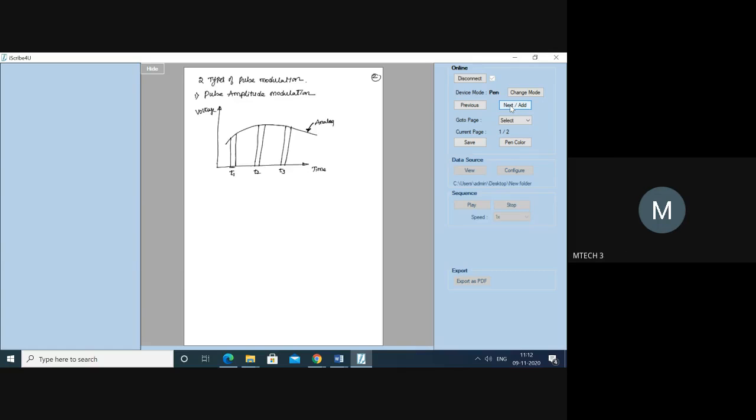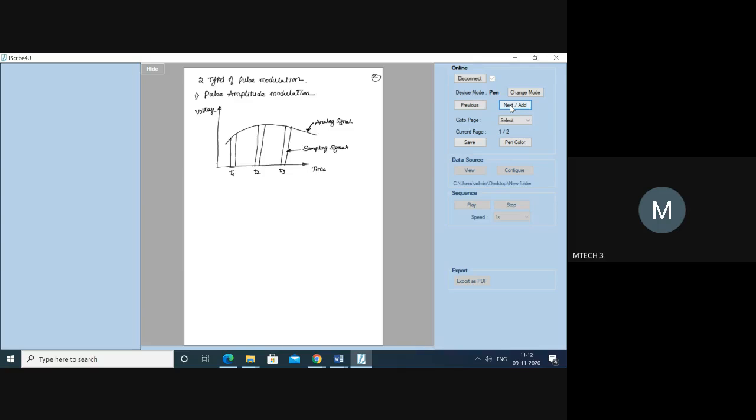This is the analog signal. And these are the sampling signals. Now, this is called pulse amplitude modulation.